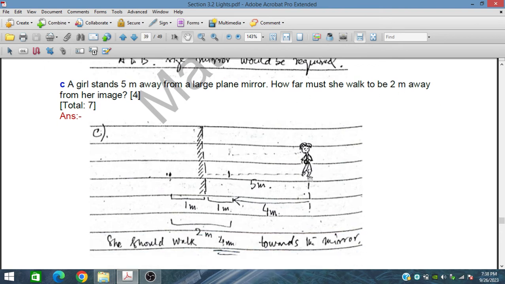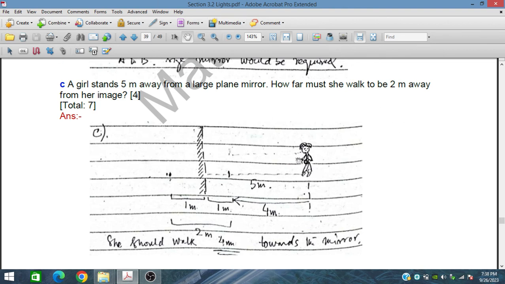So if she walks 4 meters toward the mirror, there will be a 1 meter distance from her to the mirror, and the image of the girl will also be 1 meter behind it. So the gap between the girl and her image is 2 meters. So she should walk 4 meters toward the mirror.